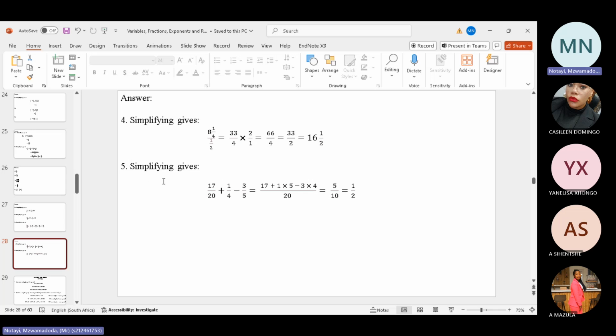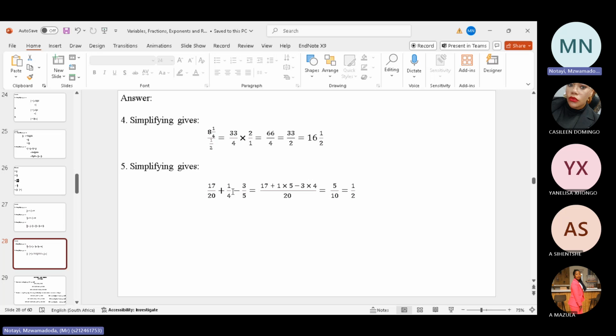Okay, number 5, simplifying will give 17 over 20 plus 1 over 4 minus 3 over 5, which is equal to, okay, the lowest common denominator will be 20. Okay, how many 20s in 20? There's 1 times 17, so it's equal to 17. And then how many 4s in 20? There's 5.